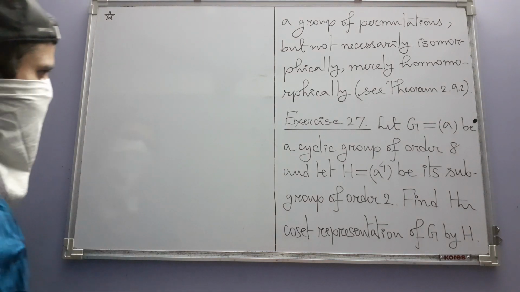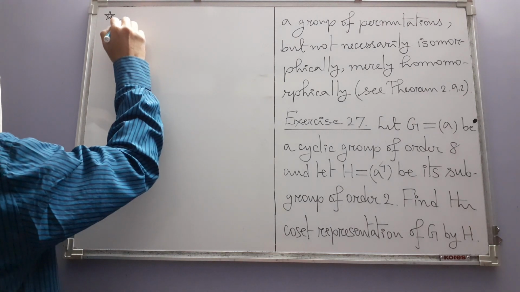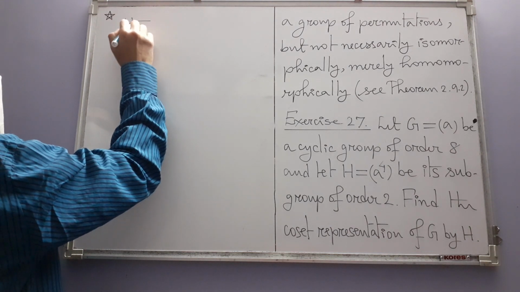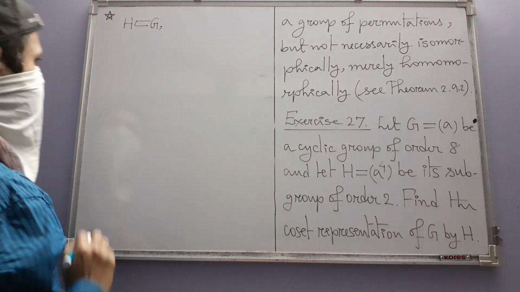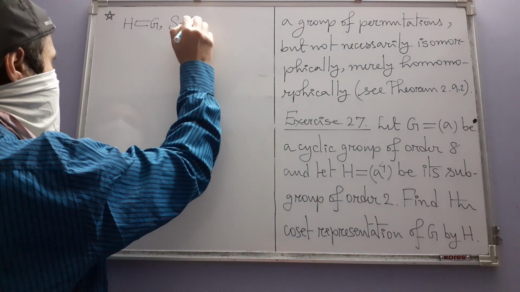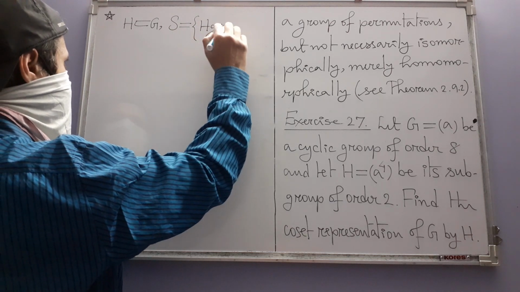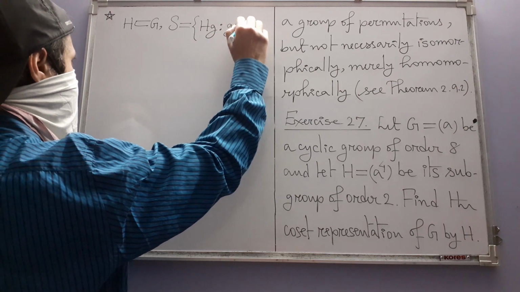So here the setup is this. You have your group G, H is a subgroup of G, and S is the set of all right cosets of H in G.